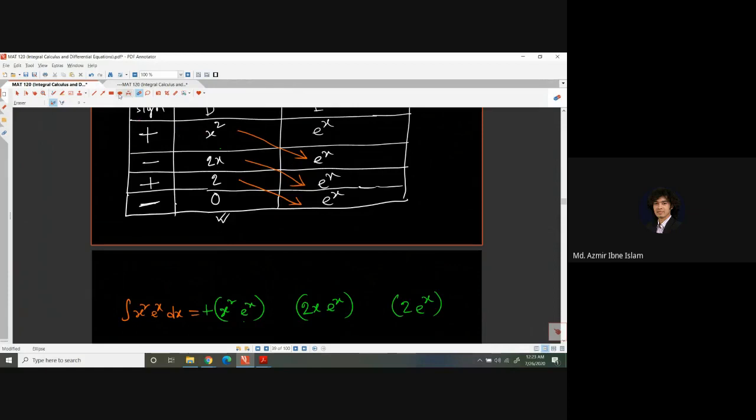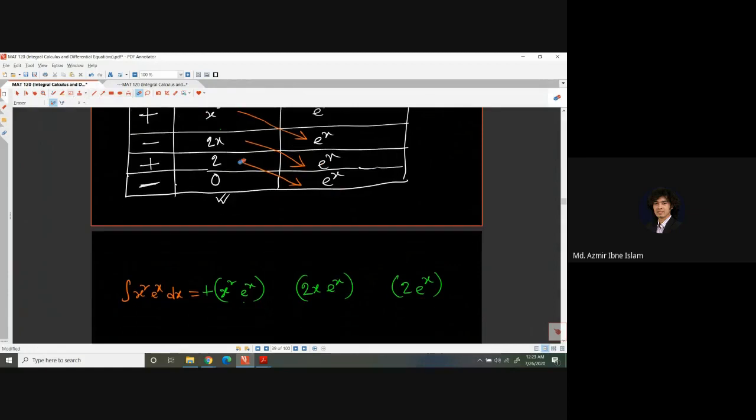I hope you have understood. Similarly, for the second product, 2x e to the power x, we have to come this way: negative, positive.